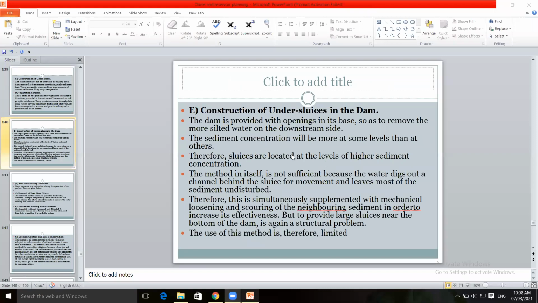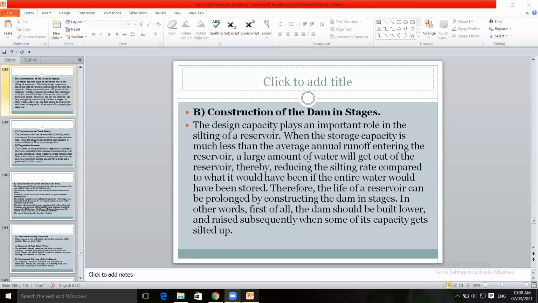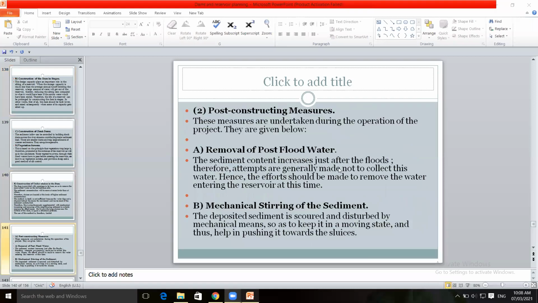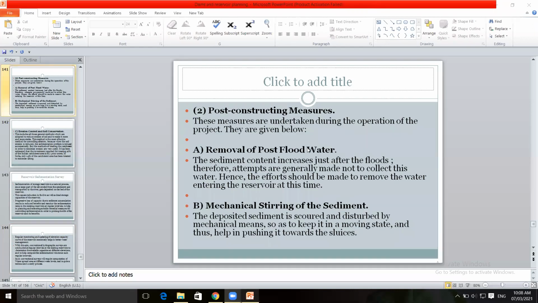These are the various pre-constructing measures to reduce the silting of the reservoir. And post-constructing measures are the removal of the post-flood water, mechanical steering of the sediment, then erosion control and soil conservation. These are the post-constructing measures.